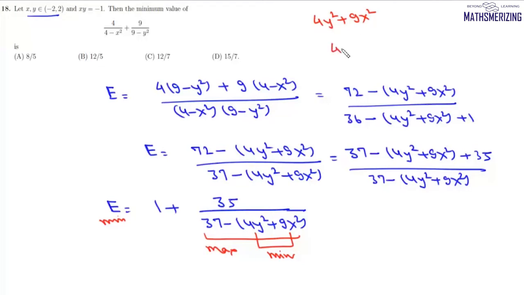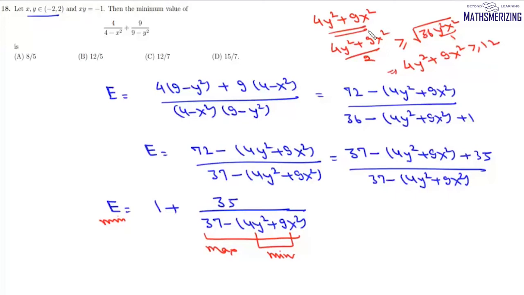We'll write (4y square plus 9x square) upon 2 will be greater than or equal to under root of 36 into y square x square. Now x into y is minus 1, x square y square is plus 1. We can write 4y square plus 9x square will be greater than or equal to 12.